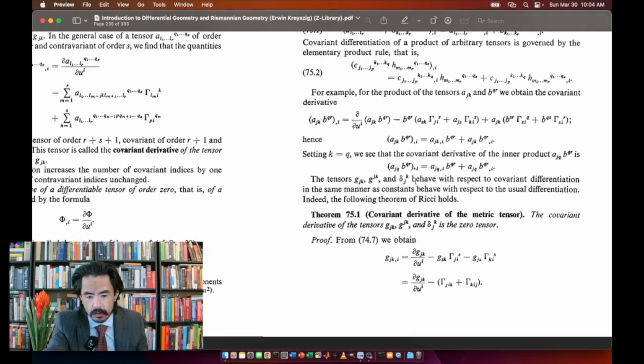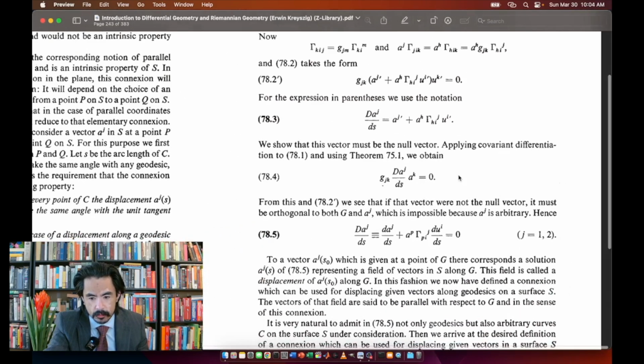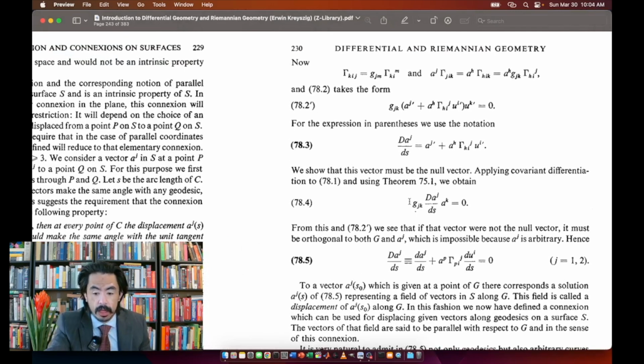The covariant derivative of the tensors g sub jk, g superscript jk, and the Kronecker delta sub j superscript k is the zero tensor. Using that, we obtain lowercase g sub jk times capital D a superscript j over lowercase ds times a superscript k is equal to 0.